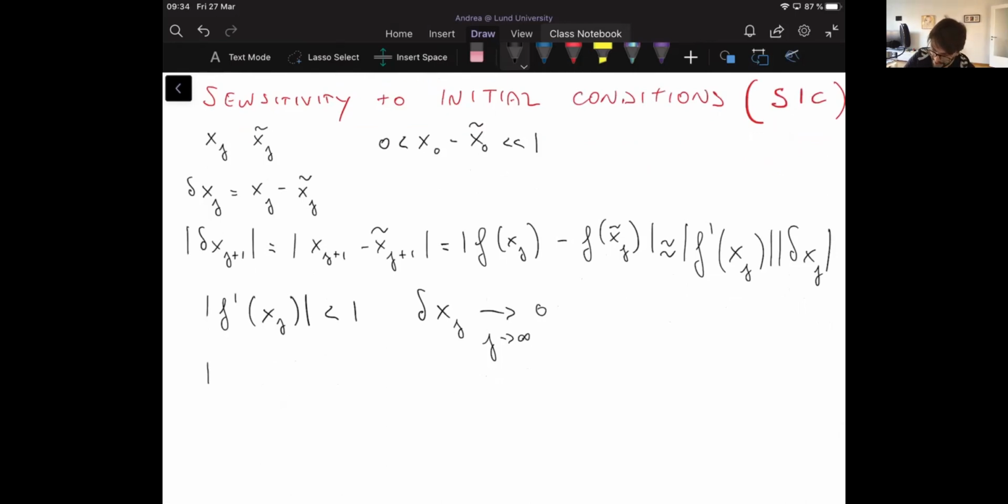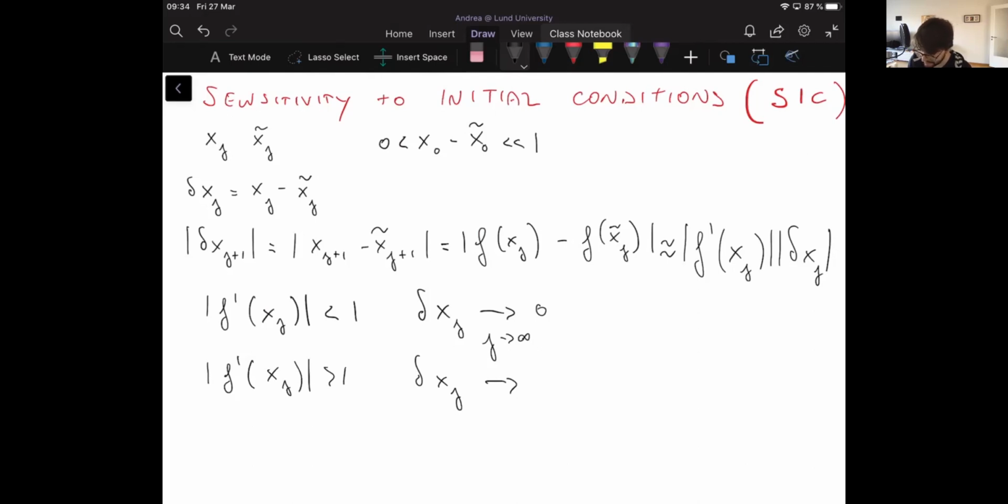However, if I have an f prime at any given point xj greater than 1, then delta xj will grow and grow. Let's say it gets much larger.